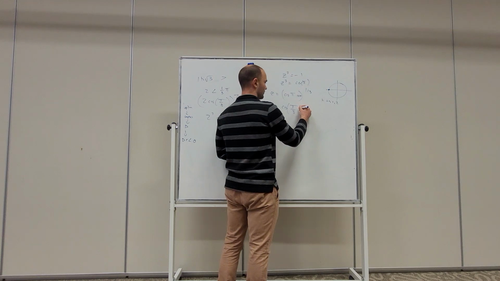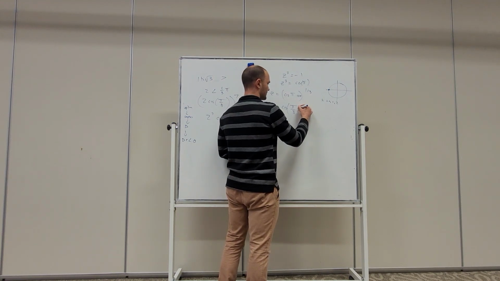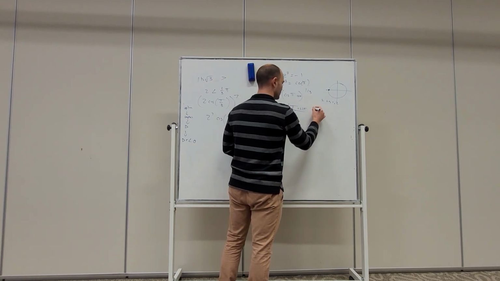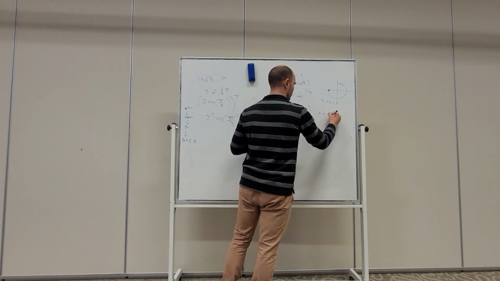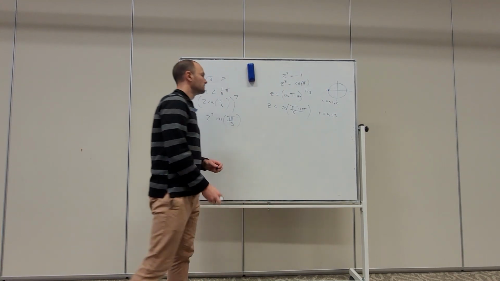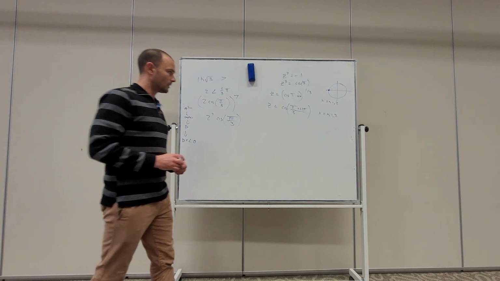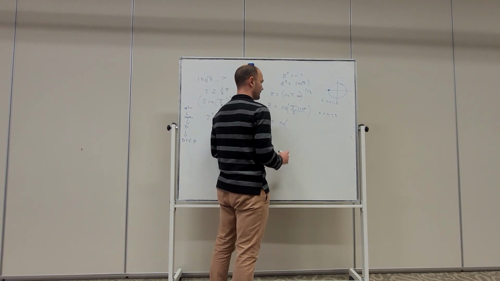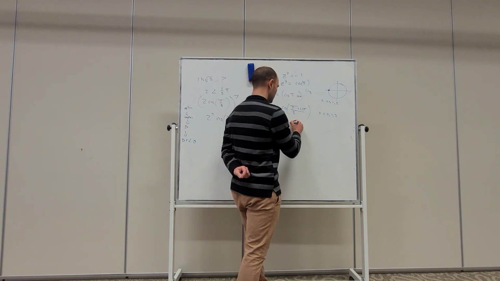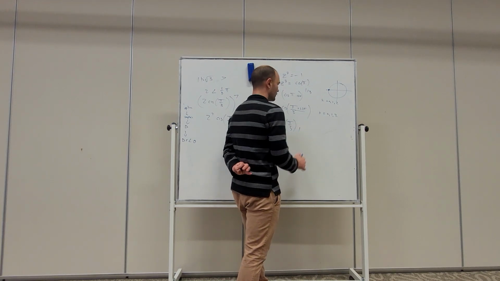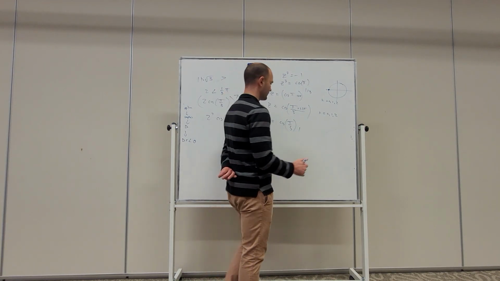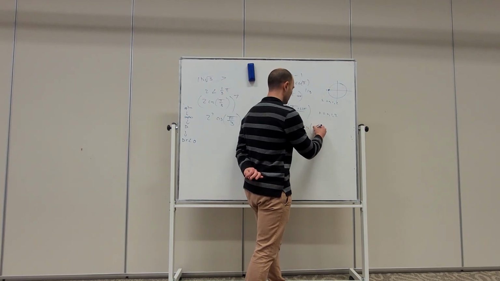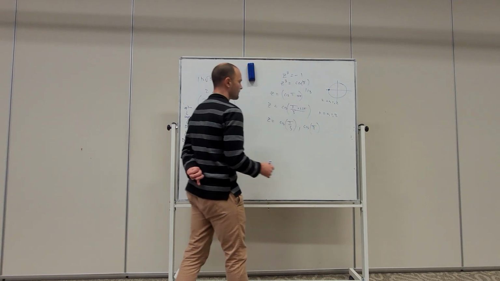Pi on 3 plus k2 pi. K is 0, 1, 2. And then we'll solve through. So we get z equals cis of pi on 3, and k is 0. And then we'll have pi, and k is 1.